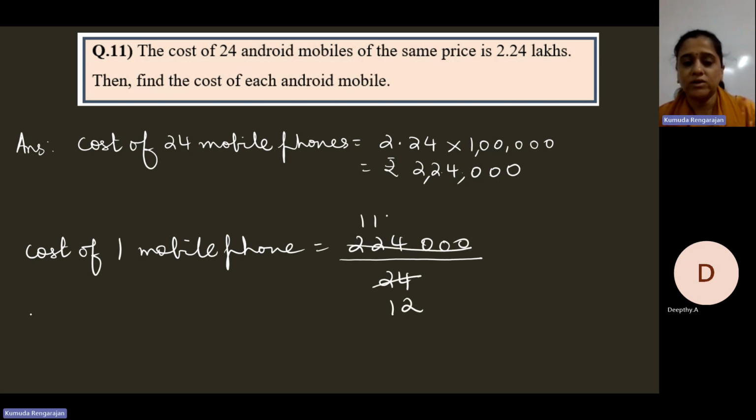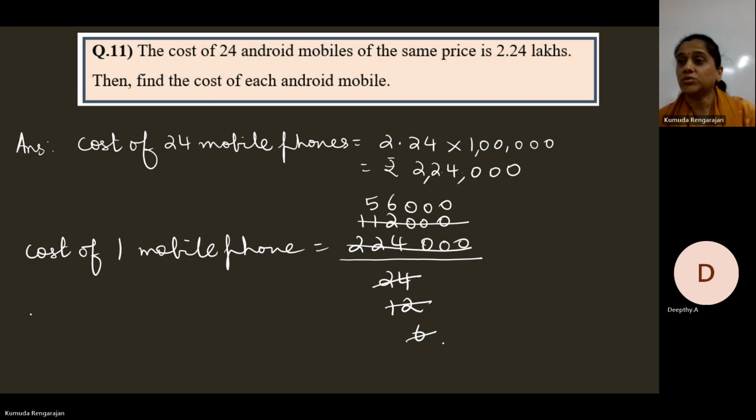Again 2 5s are 10, 1 remains. 2 6 are 12. Now 2 3s are 6, 2 8 0 0 0. Now this is not further divisible.